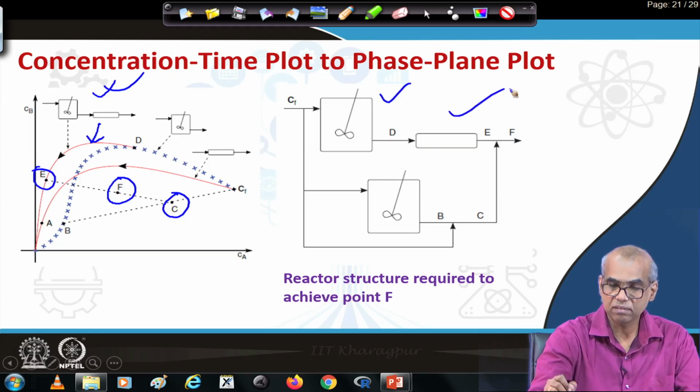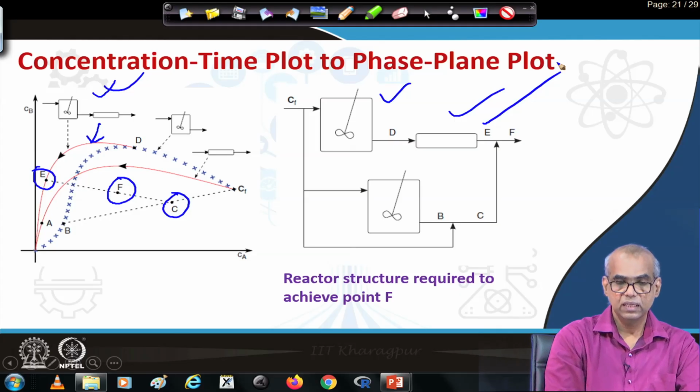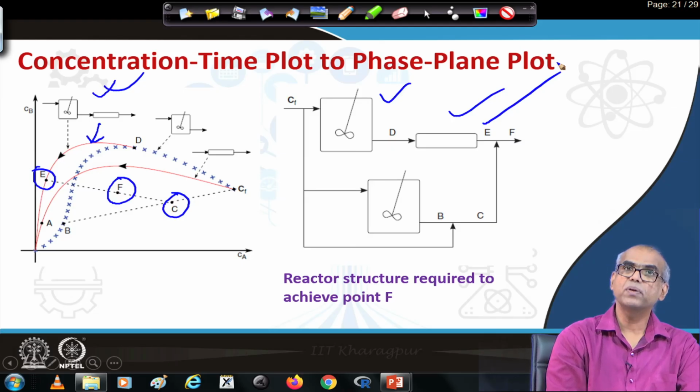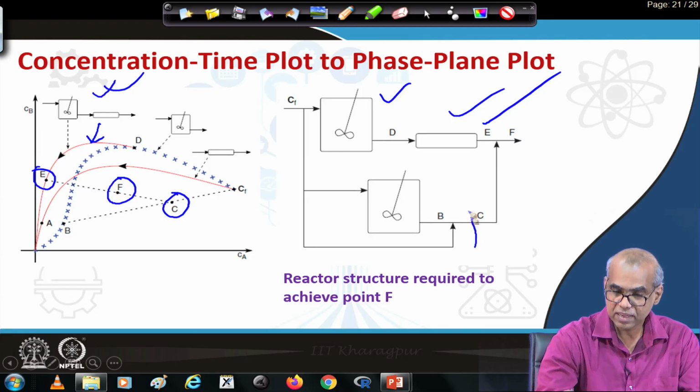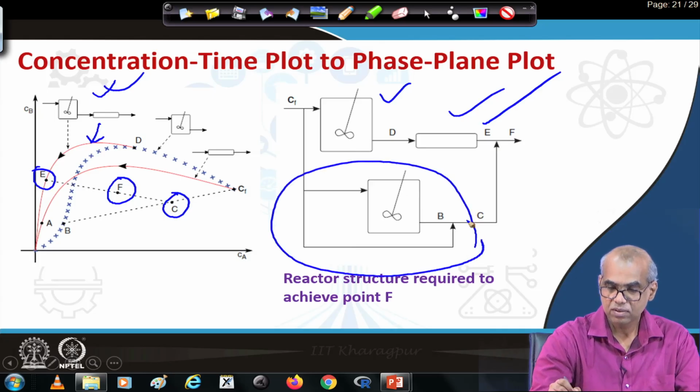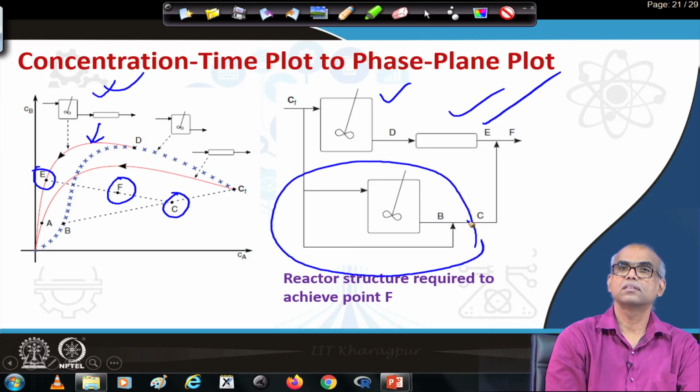So, you obtain that point E first, and then point C can be obtained by a CSTR with bypass, a CSTR and a bypass to mix the effluent with the feed stream.